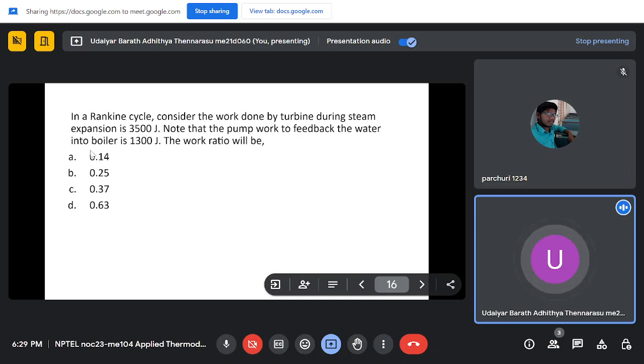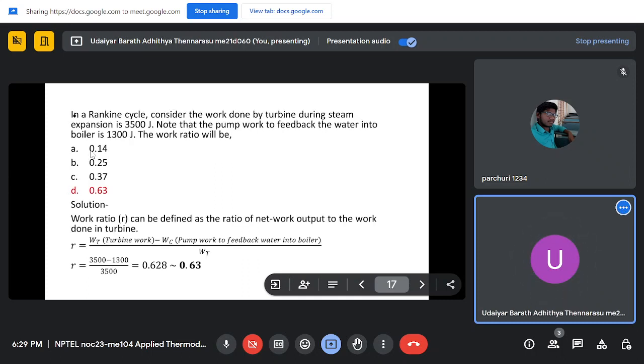Okay. We'll see the solution. Work ratio is defined as the ratio of net work output to the work done in the turbine. So it equals W net by W in turbine, just a ratio to see how much work is generated and how much work is consumed in the process.